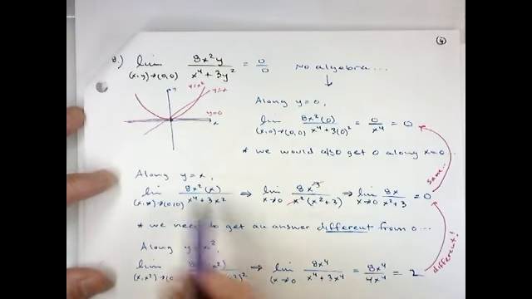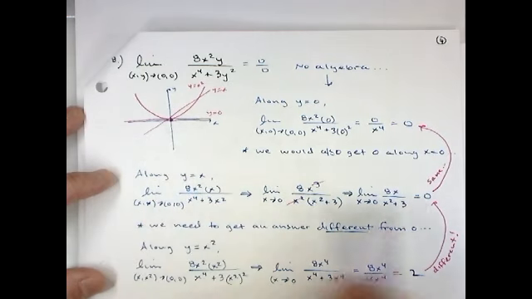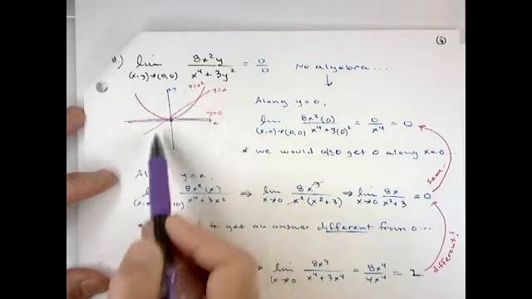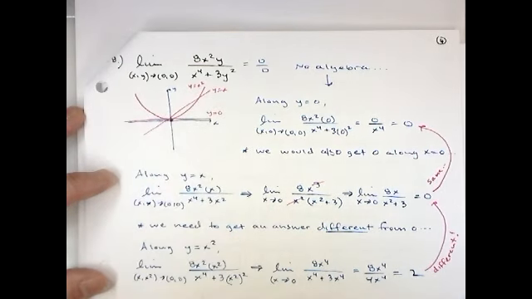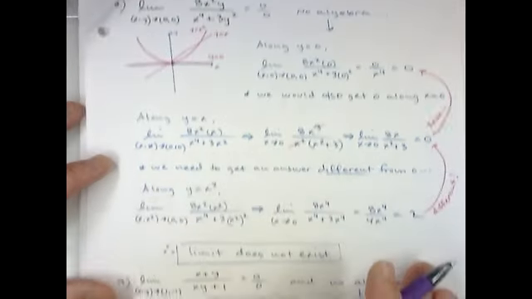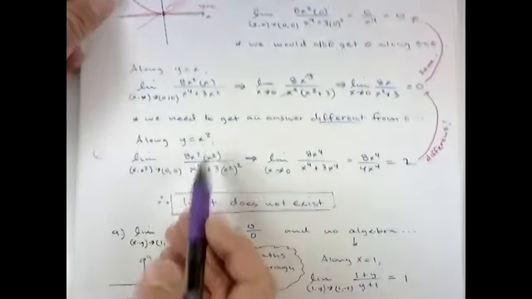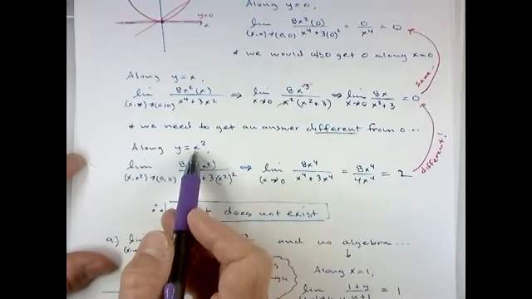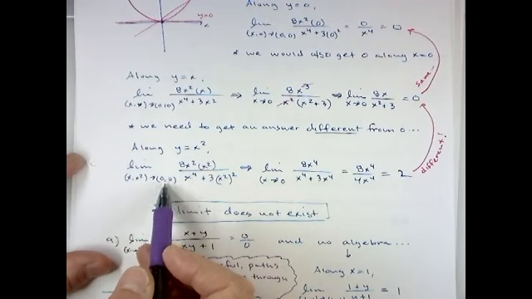And usually what I find is that if you try y equals x and it doesn't help you, that means any line, y equals 2x, 3x, negative x, is probably not going to help you as well. You're probably going to get 0 for that. So what do we do? Let's bump it up a notch. How about trying a parabola? Because y equals x squared also passes through 0, 0.